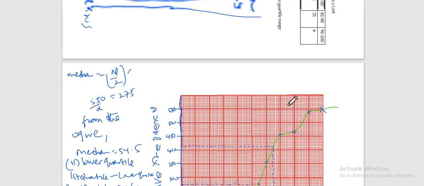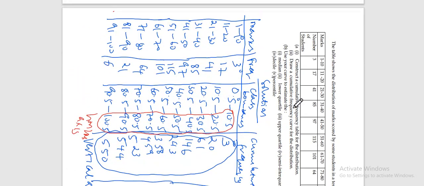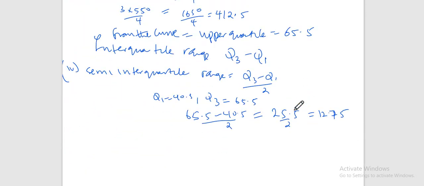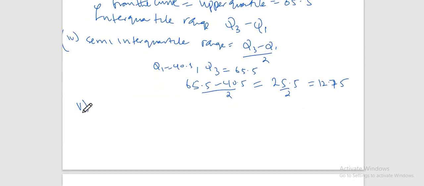Now for the decile, which divides a distribution into 10 equal parts. The decile is 550 divided by 10, that's 55.